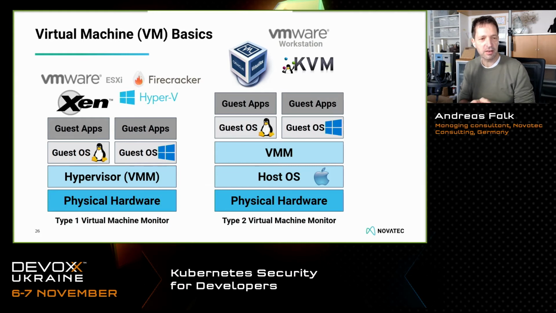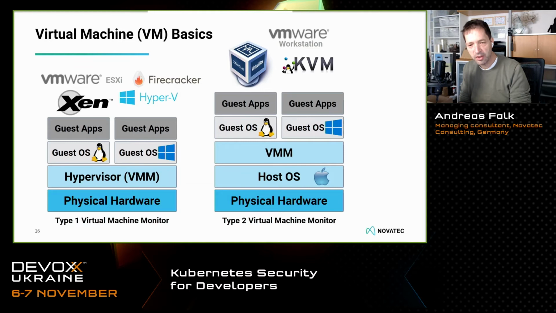If you look at VMware ESXi, for example, Xen, Firecracker or Hyper-V, these are built upon a hypervisor that sits directly on physical hardware, and that hypervisor deals with the whole isolation of virtual machines. So you see, there's no shared kernel running on an operating system level. You have the hypervisor, and above that you have the different guest operating systems that then run some guest applications.